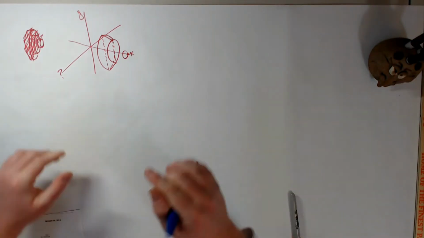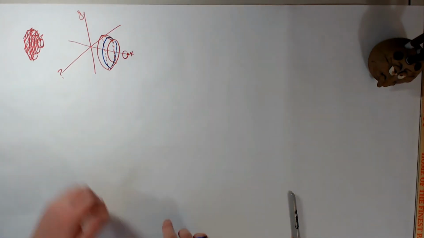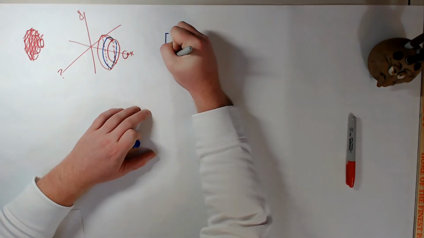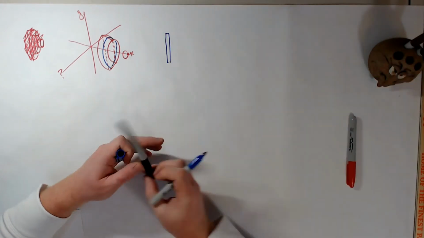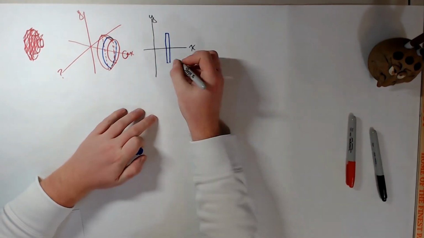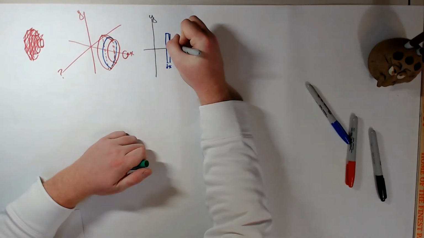Well, let's look at a particular slice, this blue slice, and this blue slice has a thickness and a height. That thickness is dx and the height is r.